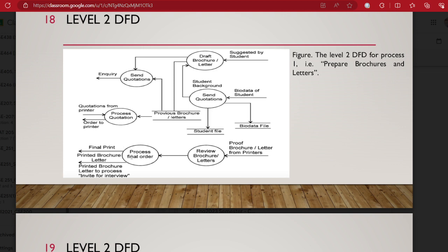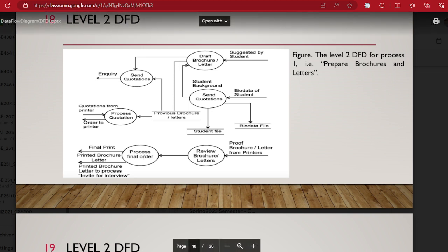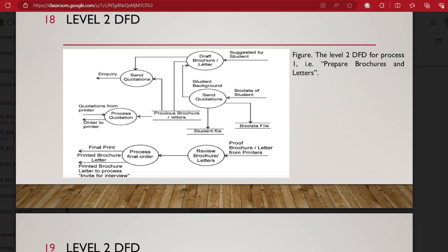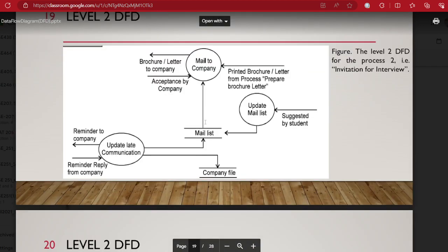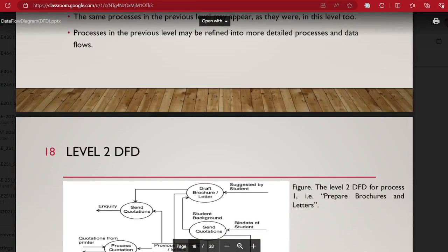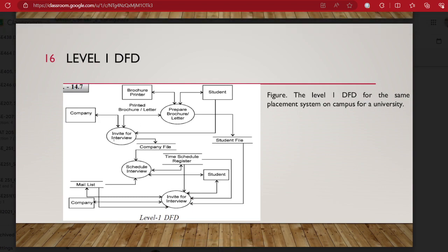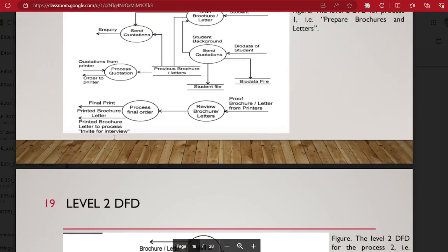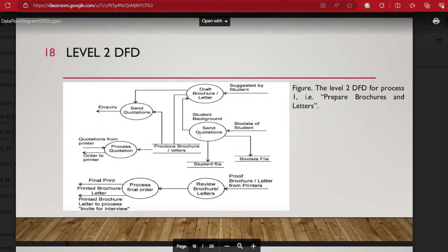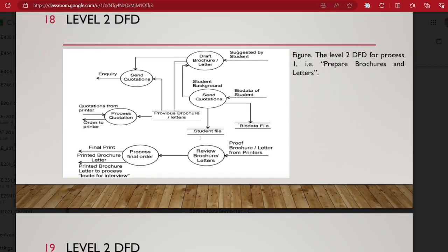We can expect more specific, more concise processes, and the most specific data stores. Okay, so that is what you need to remember. Like you can see, previously in level 1 DFD, there were bi-directional data flows, for example here, but in the level 2 DFD, you can see none. You can see no bi-directional data flows.